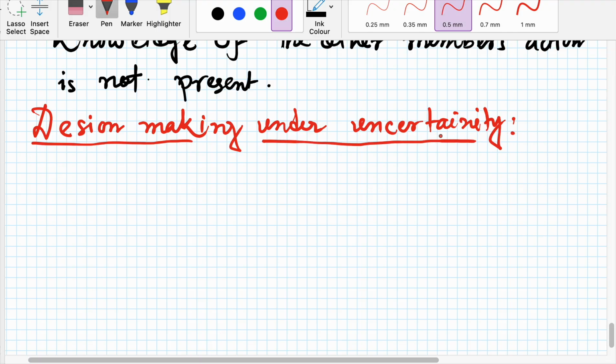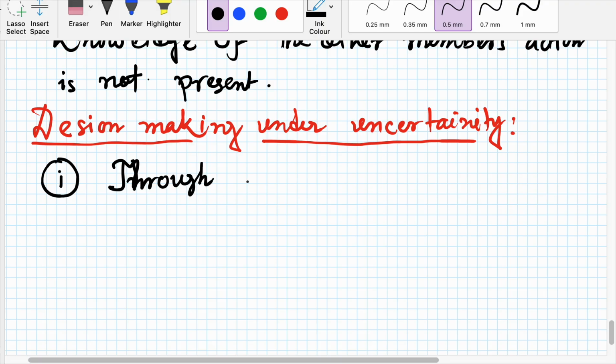Now how can one decide which action to choose? One way is to express this uncertainty through probability. There is a way called the VNM utility.